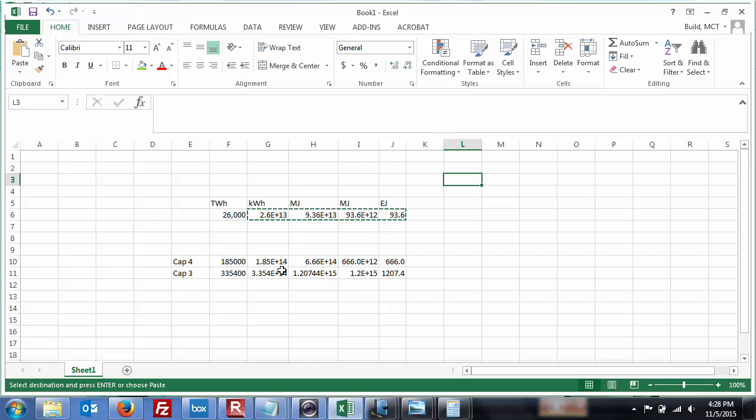So if you combine the class 4 sites and the class 3 sites, there's enough wind to supply all of the planet's energy. And then some. So we're not really short on resources, we're just kind of short on innovation and willpower.